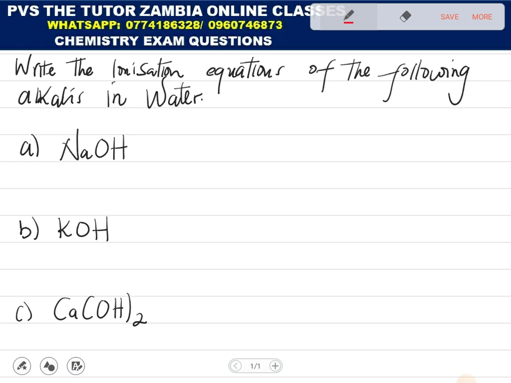Three. So, we know first that an alkali is a substance or any chemical substance which, when dissolved in water, will ionize itself and produce hydroxide ions as the only negatively charged ions. All right. So even as we write these ionic equations, we know that the ions that we are looking for at the end of the day are what?